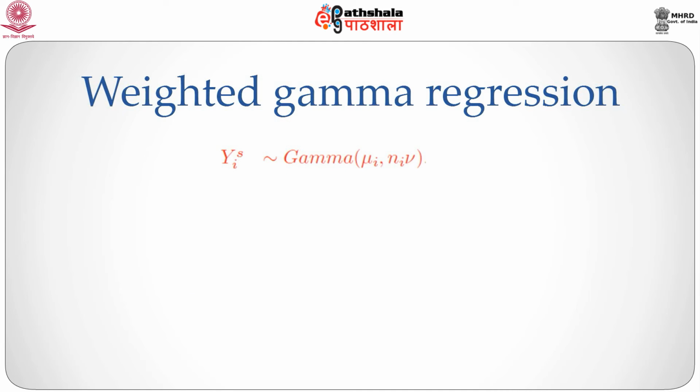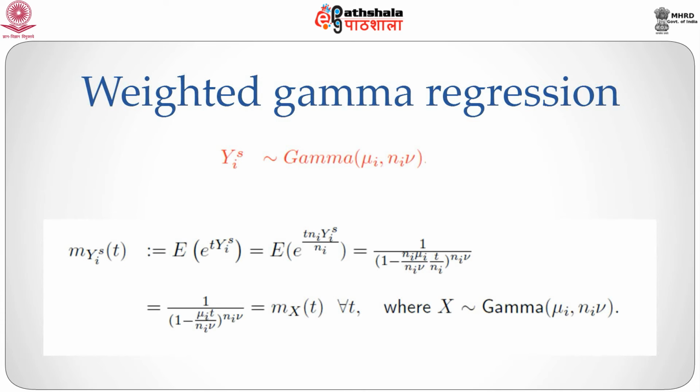Since yi star follows gamma with mean mu i and scale factor ni times mu, using the additivity property of the gamma distribution, which can easily be shown by looking at the corresponding moment generating function, it is possible to show this result. Thus, we need to introduce weights for a gamma regression for yi stars. Since expectation of yi star is equal to mu i, the EDA and the diagnostics for the regression, however, are similar to that of the unweighted case.